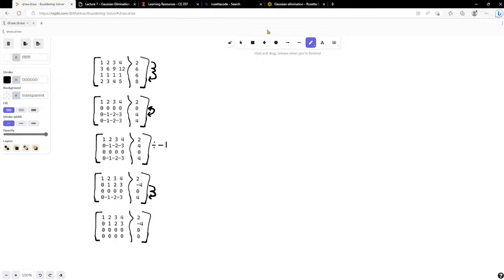So this actually, okay, I see. This isn't the solution because this is not the identity matrix. Do you see? So let's just go ahead and do that right now.